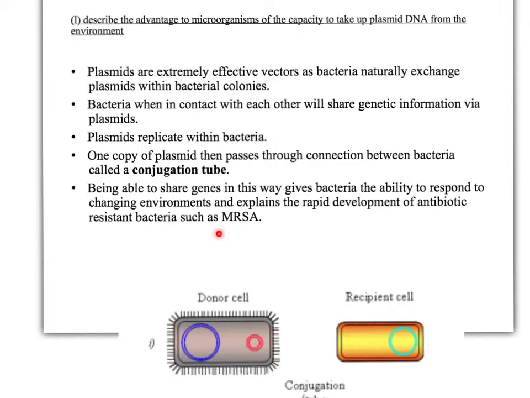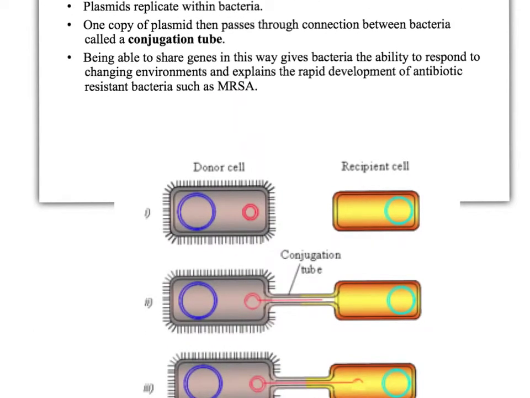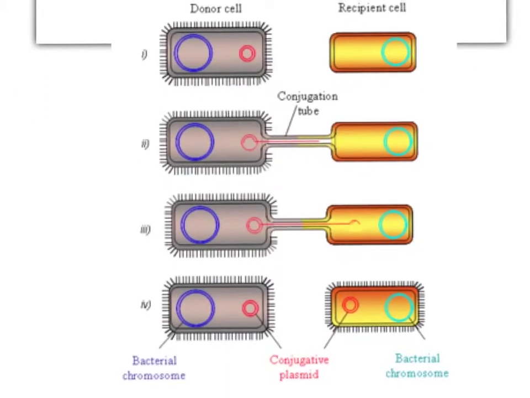Okay, so working that through, imagine, for example, that this cell here is resistant to a particular antibiotic, perhaps due to the fact that it produces this capsule which protects it from an antibiotic, and this cell isn't. Now put in this antibiotic, what will happen very quickly is that this cell here will share the gene with neighbouring cells to protect it from the antibiotic, i.e. growing a capsule around it.